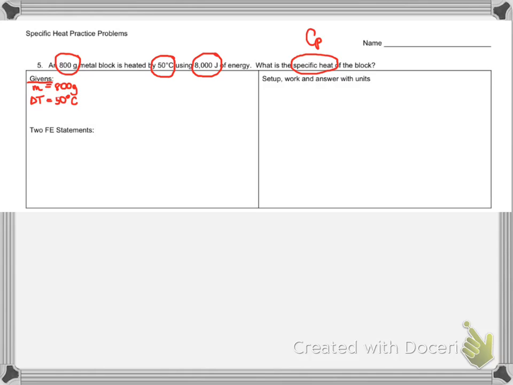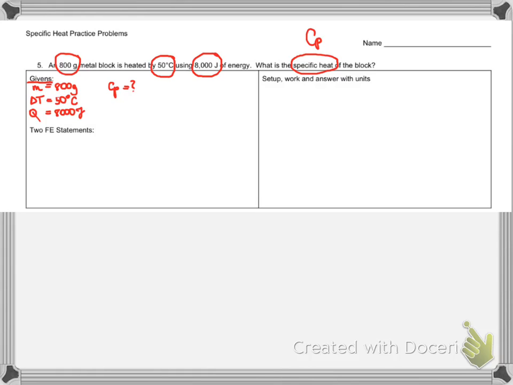The next number that I circled is 8,000 joules. Okay, so 8,000 joules, that's actually the amount of heat that we used. So that's our Q. And they're asking us to calculate the specific heat, which is the Cp.